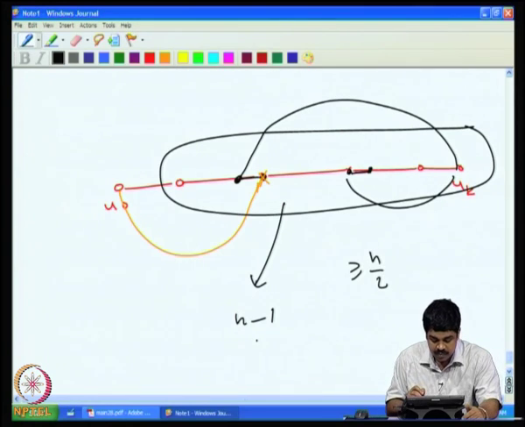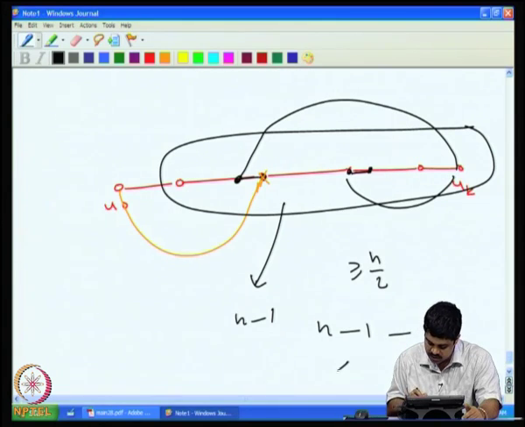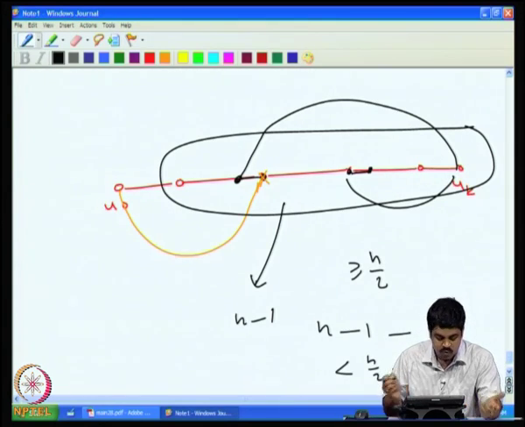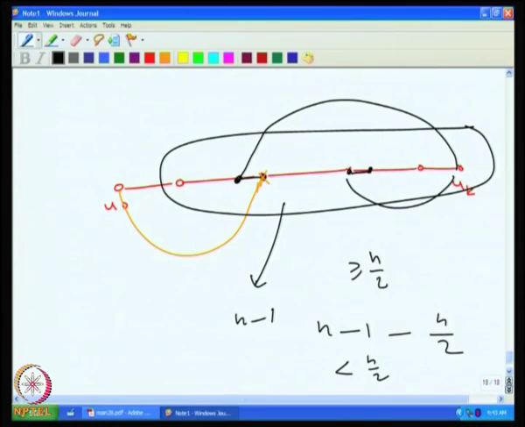So, how many neighbors can u0 have? Only at most n minus 1 minus n by 2, that is strictly less than n by 2, but we know that u0 has at least n by 2 neighbors. So, it is guaranteed that at least one neighbor of u0 will sit just after a neighbor of UK on the path.